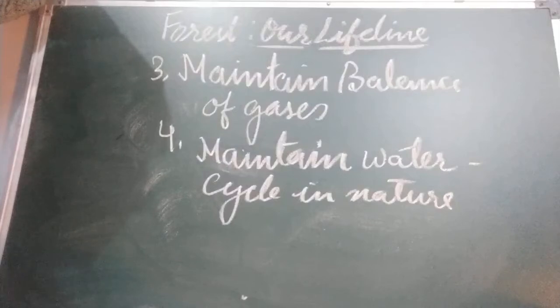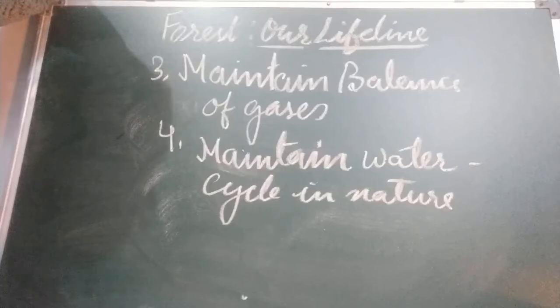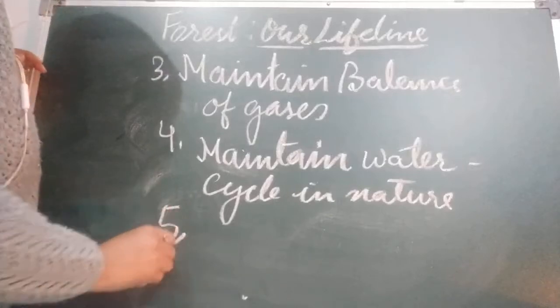Water gets evaporated into the atmosphere by leaves of plants by the process known as transpiration. You have knowledge of this. So water vapor forms clouds and falls on the earth as rainfall. Thus, forests increase rainfall in the region.